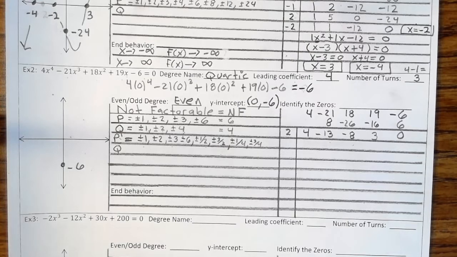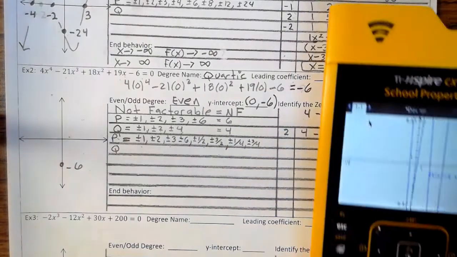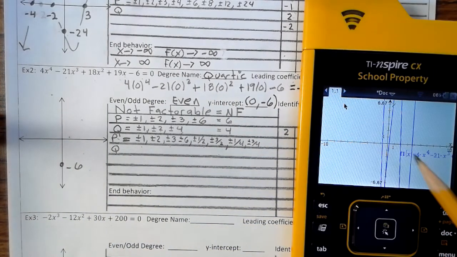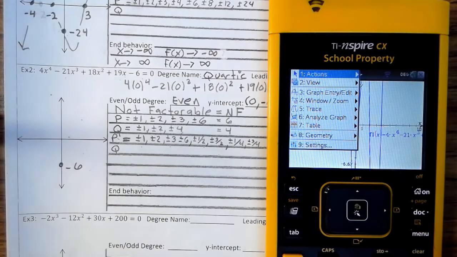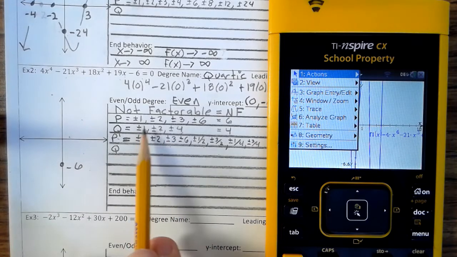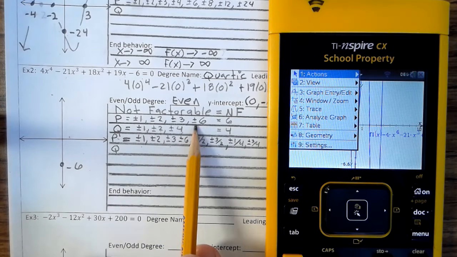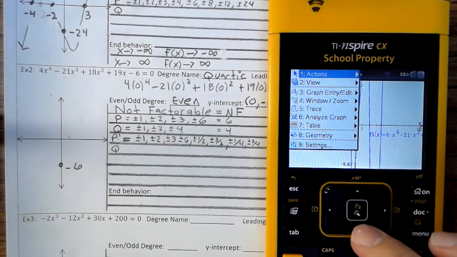And so it looks like we have that negative right there. So let's go ahead and find the 0. So menu, and again, I'm using the calculator to try to expedite or speed up the process. Otherwise, you'd have to go through every single one of these combinations. That would take almost forever.